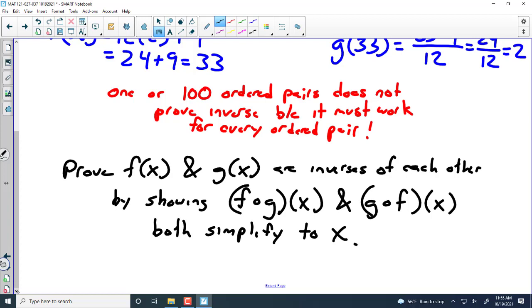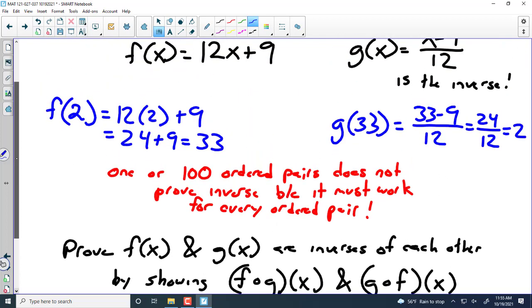The way you prove two functions are inverses of each other is you compose them. And after you compose them, you simplify that composition. And if that composition simplifies down to a single x, then they're inverses of each other. This is how you have to prove it. Yes, I would believe that you were right if you showed me it worked for 20 ordered pairs, but that doesn't actually prove it.